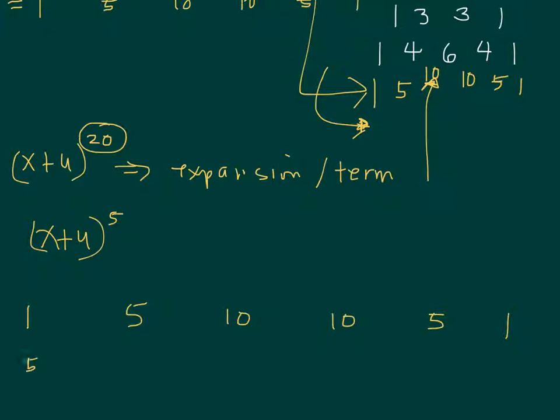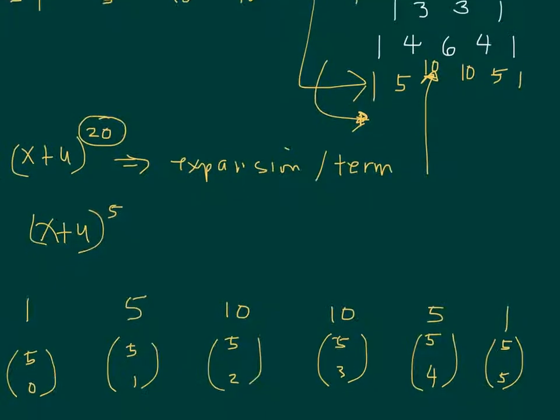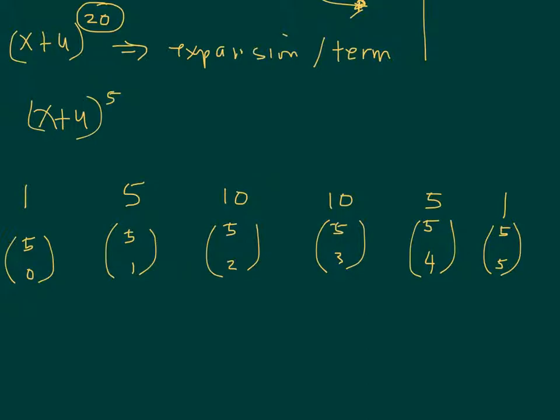And this is simply 5 combination 0, 5 combination 1, 5 combination 2, 5 combination 3, 5 combination 4, and 5 combination 5. If you're familiar with the formula, this will lead to every number in this set. 5 combination 0 is 1, and so on.